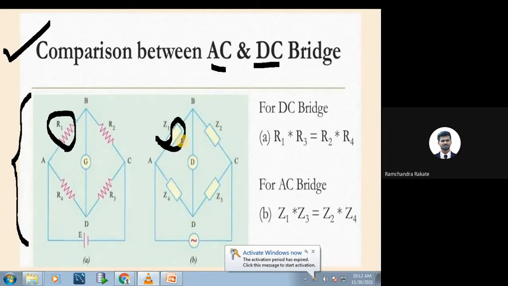Second one is resistance and impedance. What about the second difference? Any other difference in terms of source? Here it is AC and here it is DC. Then in terms of detector.